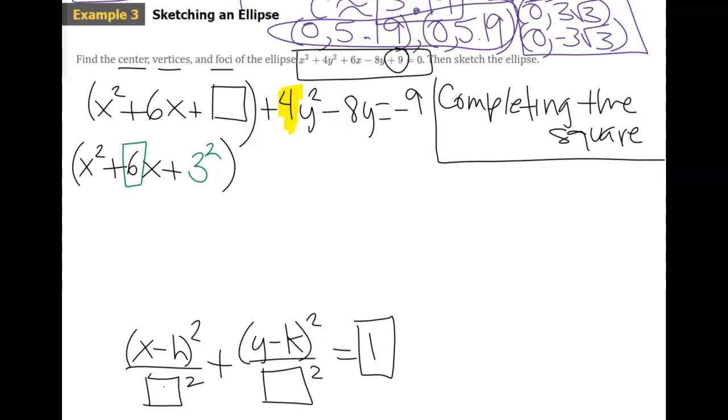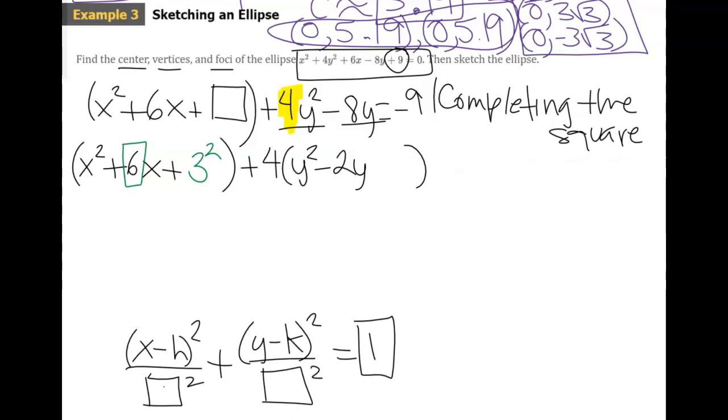Now on the right side, first we need to factor out a 4. Or divide these two terms by 4. So if I do that, I will get y squared minus 2y. Now here, I can leave that little space that I need. And I'm actually going to need more space here.